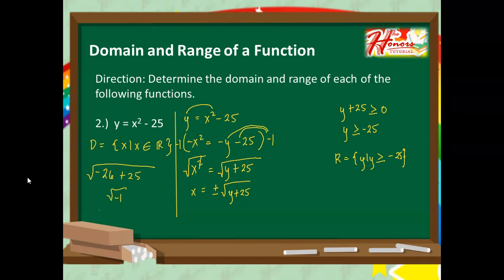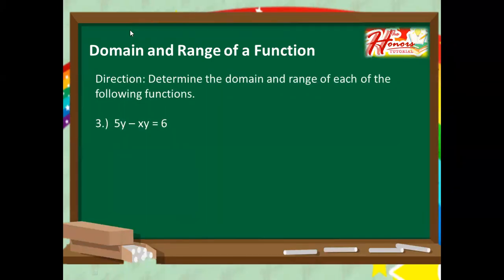Next, let us have our last example. So that is number 3. Let's solve first for the domain for number 3. Let's have first the given. So we have here 5y minus xy equals 6.